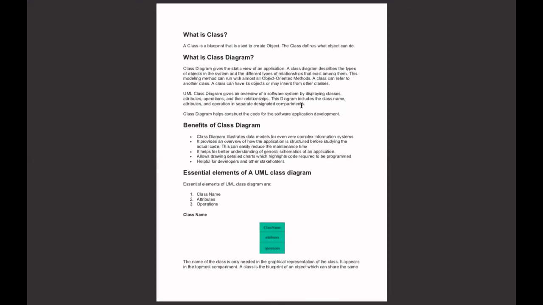A class diagram commonly contains the following things. First, classes, interfaces, collaborations, and dependency, generalization, and association relationships. Like all other diagrams, class diagrams may contain notes and constraints.